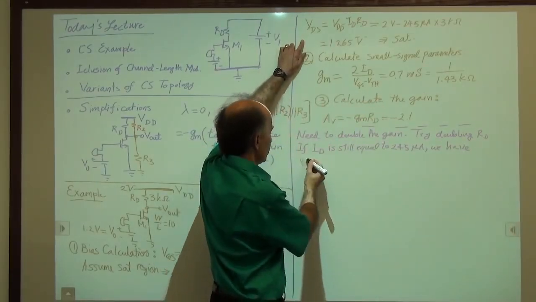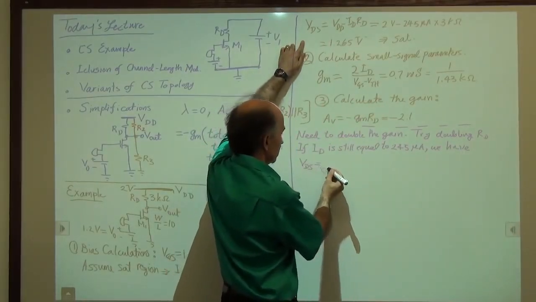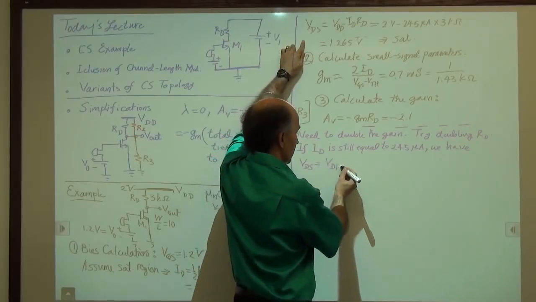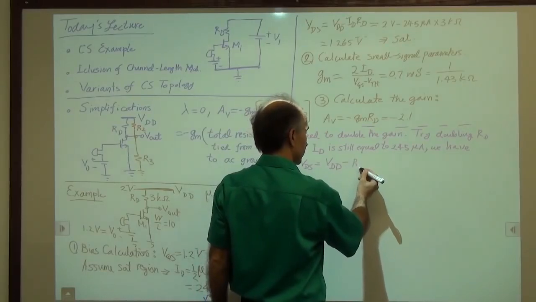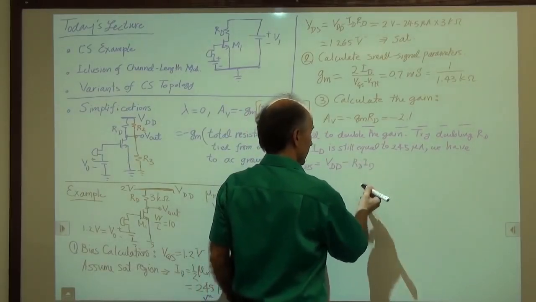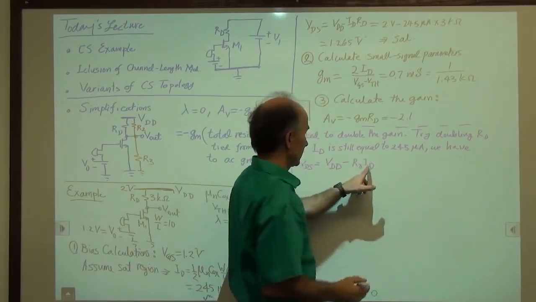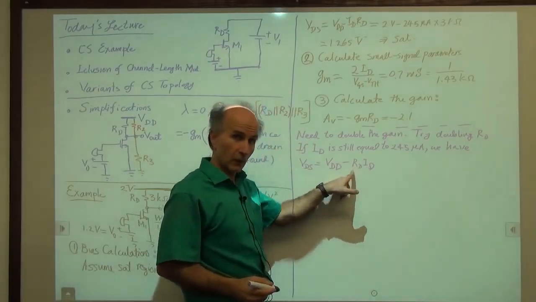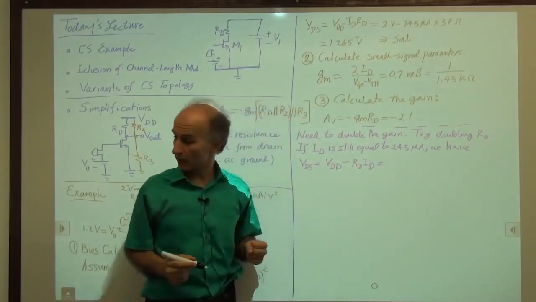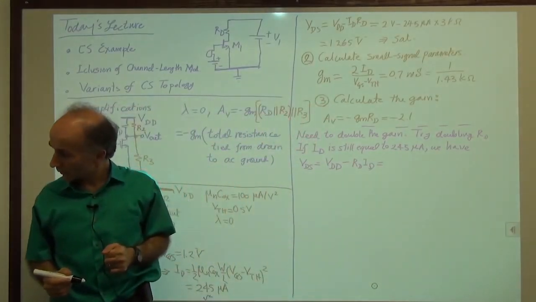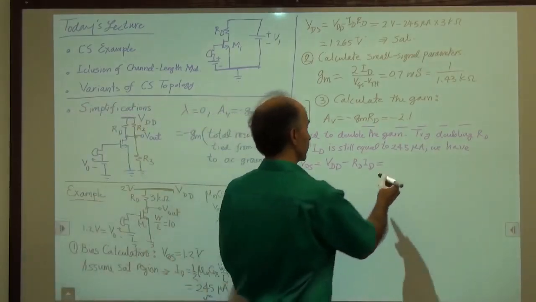The drain source voltage is equal to VDD, which hasn't changed, still 2 volts, minus RD times ID. We have assumed ID hasn't changed, but RD has doubled. So let's plug in the numbers here and see what we get. And now we get a VDS of 0.53 volts.